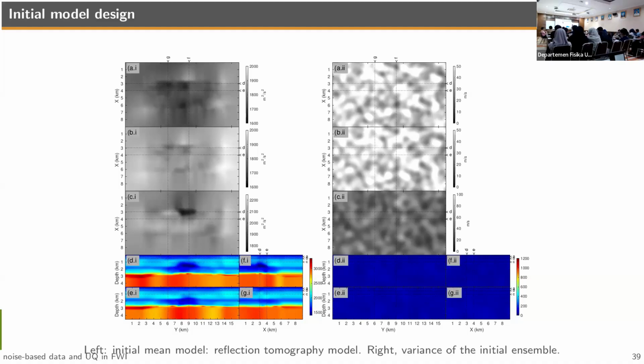But it is not easy to control the perturbation, because the amplitude of the perturbation drives the kinematics. So this is not an easy task to design this initial ensemble, to check that we control the prior covariance, but also to avoid cycle skipping and so on.